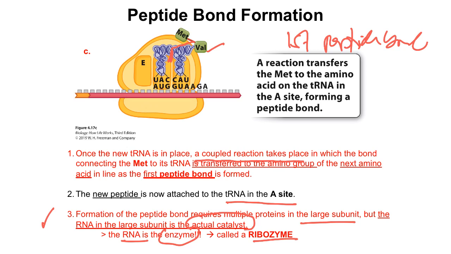And this finding has led the discoverer of this phenomenon to win the Nobel Prize, because of the evolutionary implication of how translation first emerged or originated.